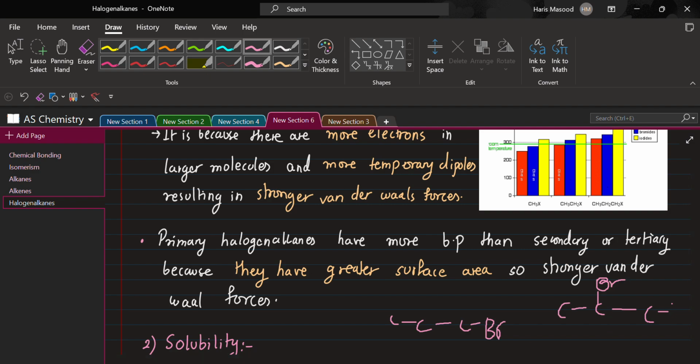Now the carbon to carbon contact surface has been reduced because you have placed Br on that side. So now the hydrogen is on the backward side. That is why only 2 carbons will make contact, the van der Waals forces with the neighboring particle, and in this one 3 carbons will be making van der Waals forces. So that is a concept.